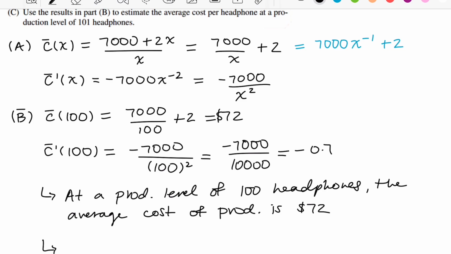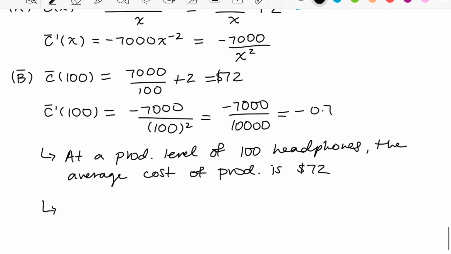And then remember, when we look at our marginal cost, that's going to be the rate that it is changing. So looking at our marginal average cost, I'll write it like this.